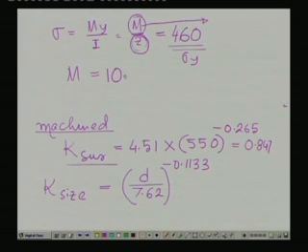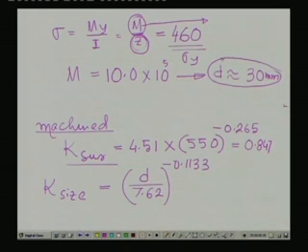So we get 10.0 into 10 to the power 5, and by substituting these values one can find that D is something around 30 mm. This is from the static design, that means just an initial guess of this particular value.